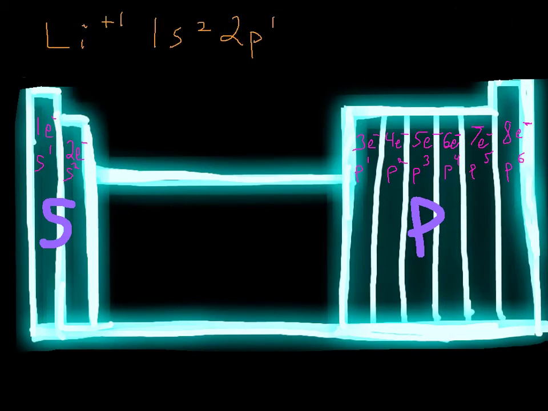On the other side of the spectrum, lithium from group 1 has the electron configuration of 1s2, 2s1. If it loses its 1 valence electron to become an ion, a cation, now it has a noble gas configuration that matches that of helium.